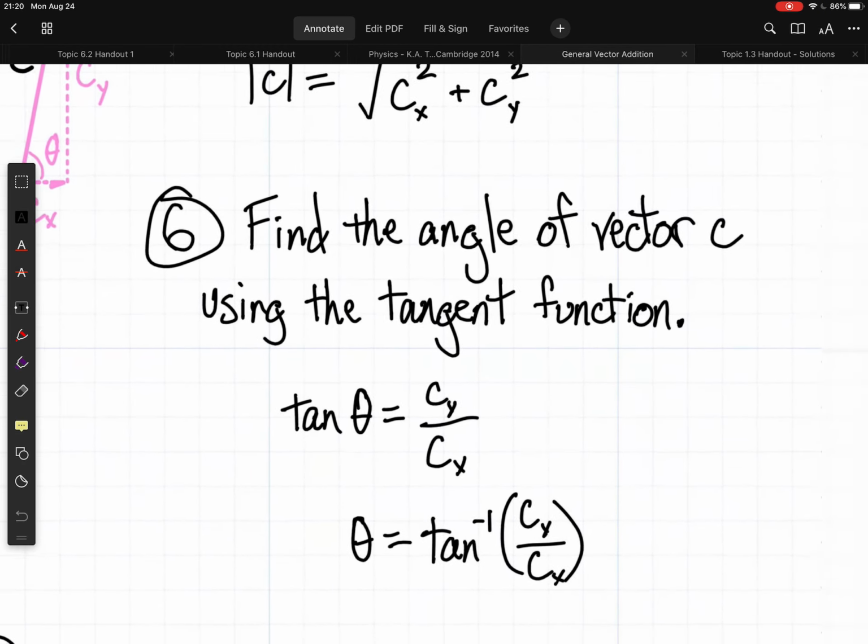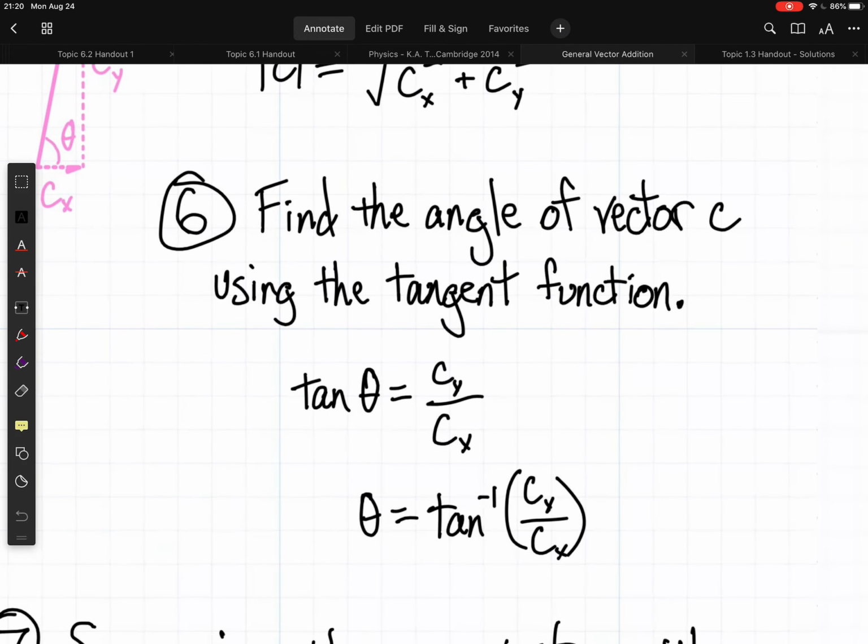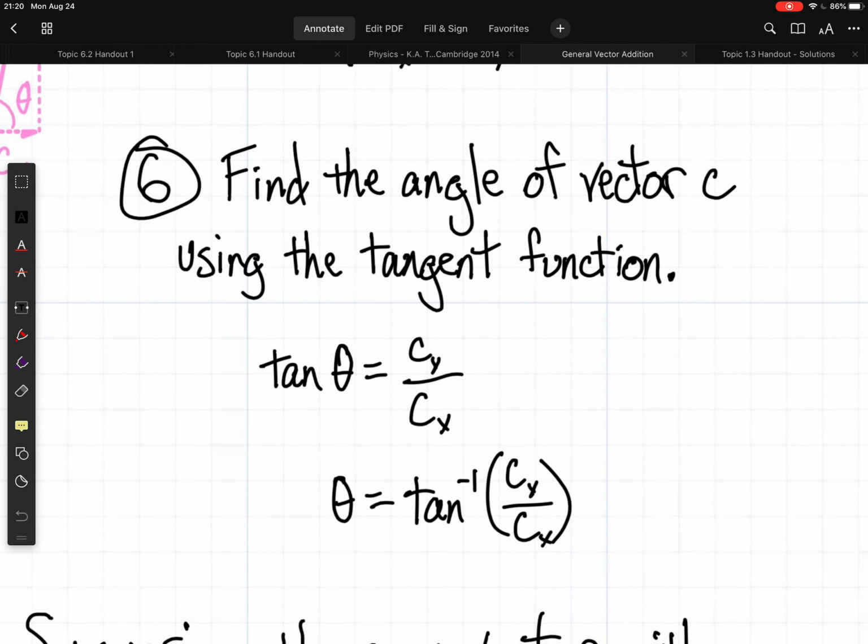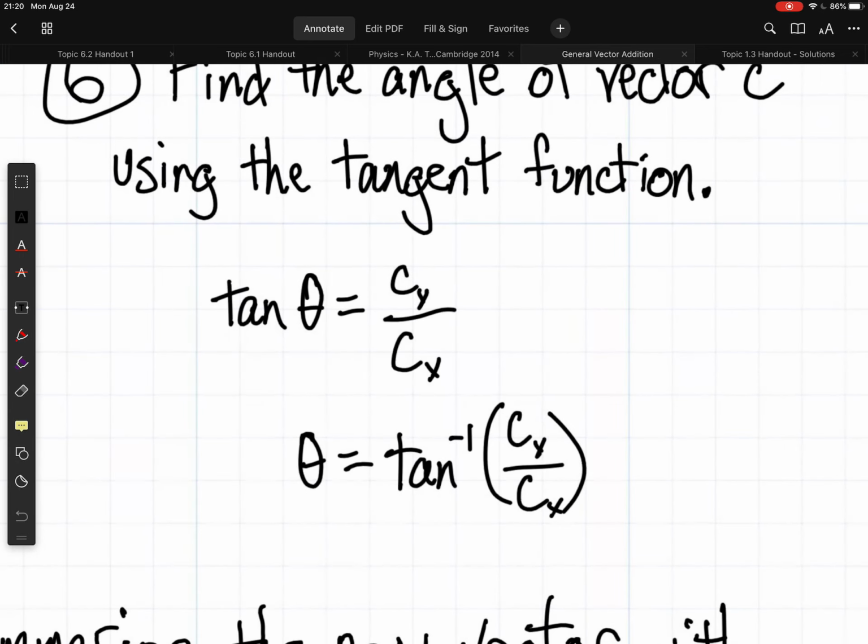And once we have the horizontal and vertical components, we can find the angle of vector C using the tangent function and the arctangent function.